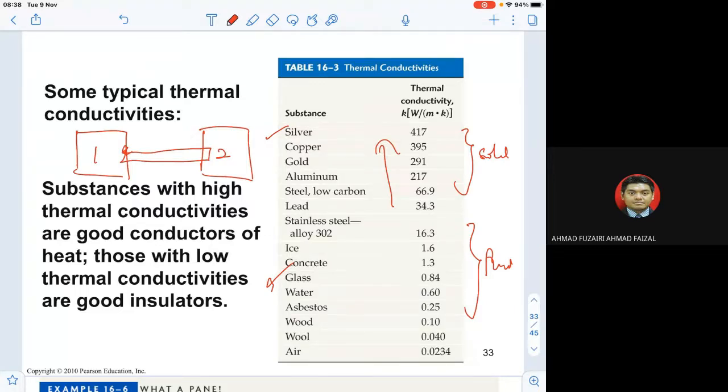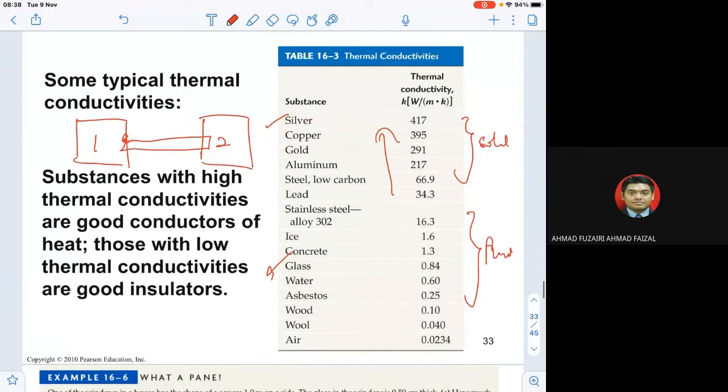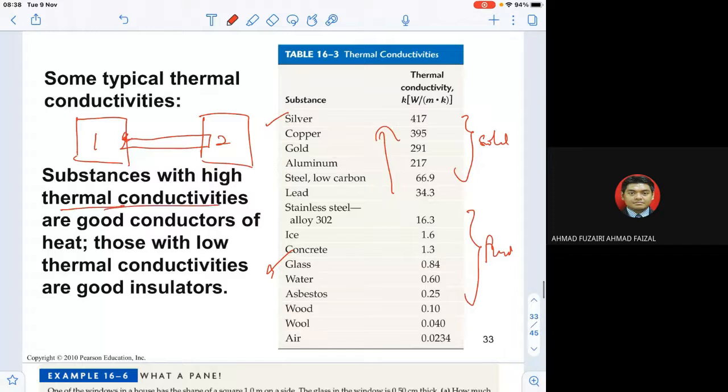Compared to that, if you put air, wood, or wool in between object one and object two, the transfer will be lesser. So substances with high thermal conductivities are good conductors.